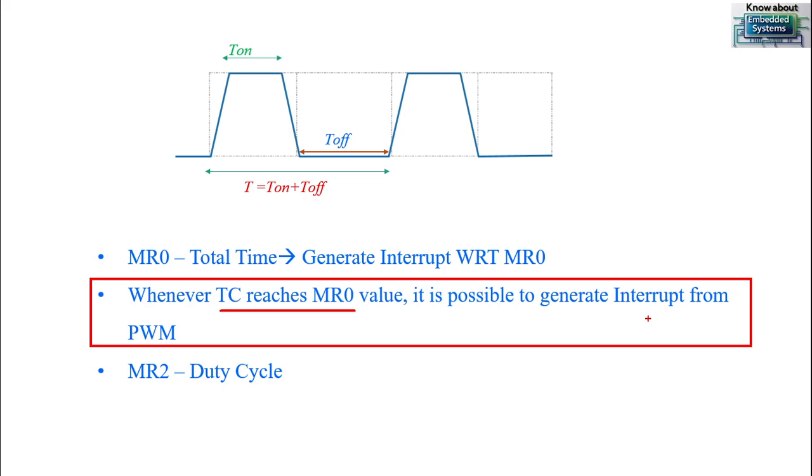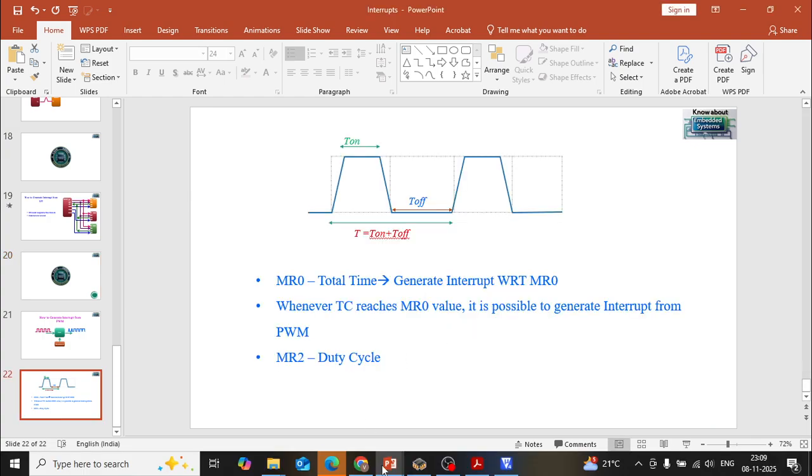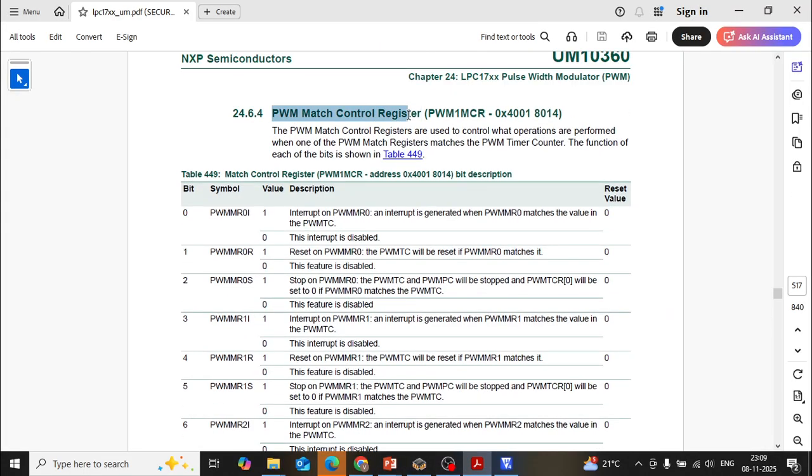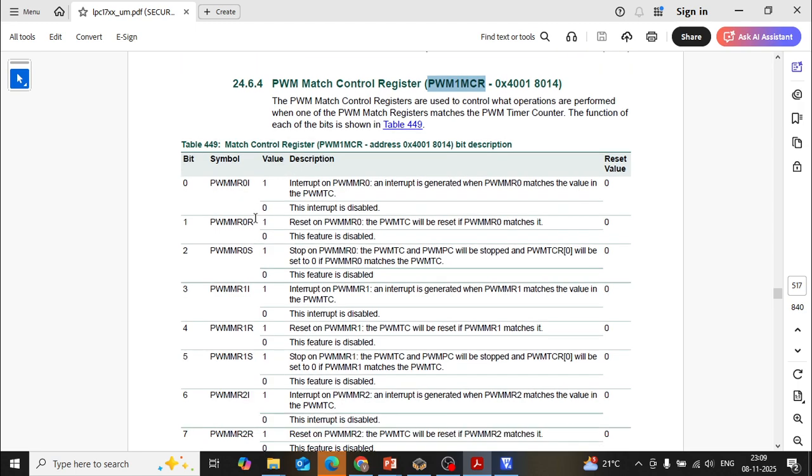Before going to the coding, I'll just go to the user manual here. This is the pulse width modulation control register, PWMMCR, that stands for match control register. You have to configure your pulse width modulation in interrupt mode, especially with respect to MR0.